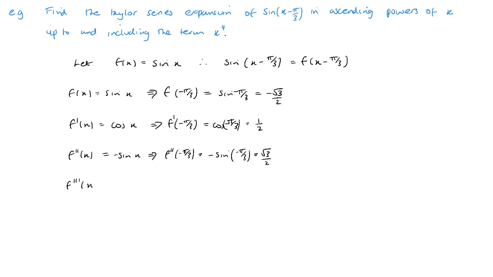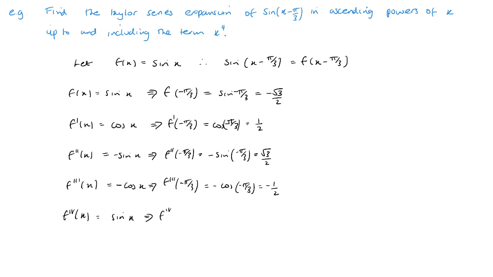And then f triple dash. So sine differentiates to cos, so minus sine will differentiate to minus cos. And then substituting minus pi by 3 in, we get minus cos of minus pi by 3, and that gives me minus a half. And then when I differentiate a fourth time, minus cos, cos differentiates to minus sine, so minus cos will differentiate to sine x.